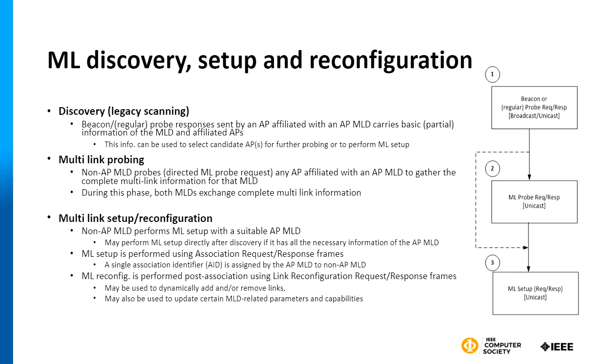They additionally carry partial information of the MLD, so that stations affiliated with an MLD can use this information to understand early whether an AP is a member of an AP MLD, so that they can perform multi-link setup as soon as possible.